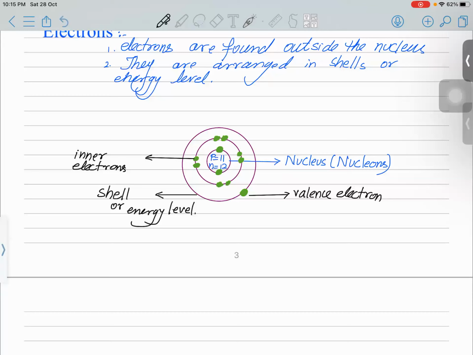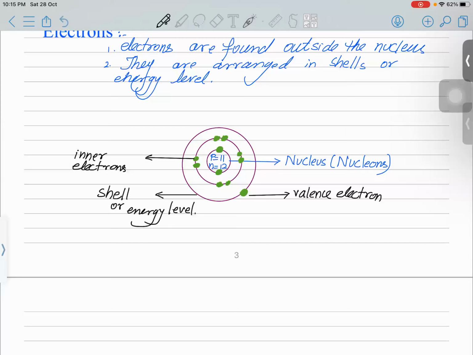Sir, what are the shells called that are in between the first shell and the last shell? The first shell always has 2 electrons. The last one is called the valence shell.